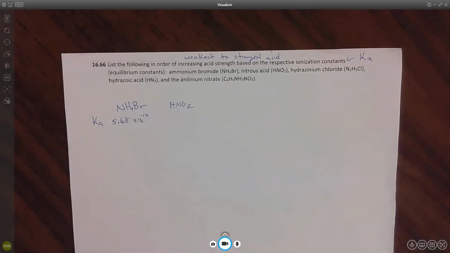NO2 minus is nitrite. So what is HNO2 in water then? So it's ionic. So is it an acid or a base? Acid, hydroxide, base, metal oxide, or salt? Acid. Yeah, it has the H out front, so it must be an acid. So if this is nitrite, what is this called in water? Nitrous acid. Yeah.